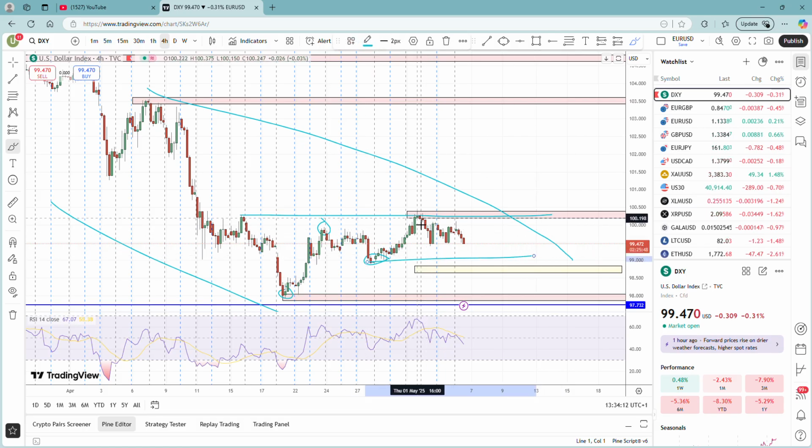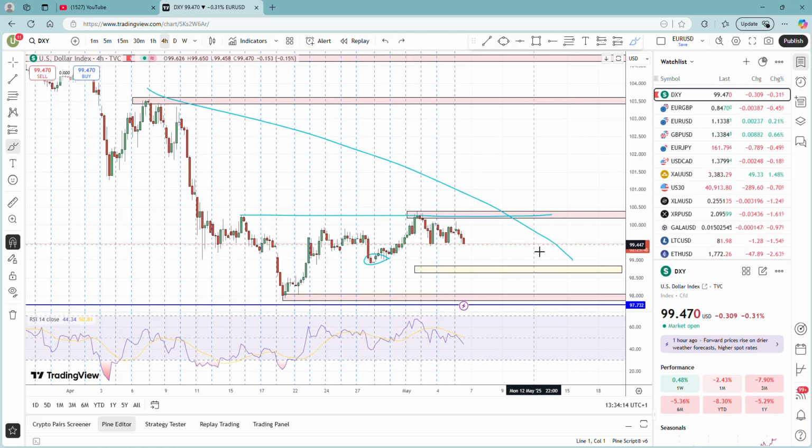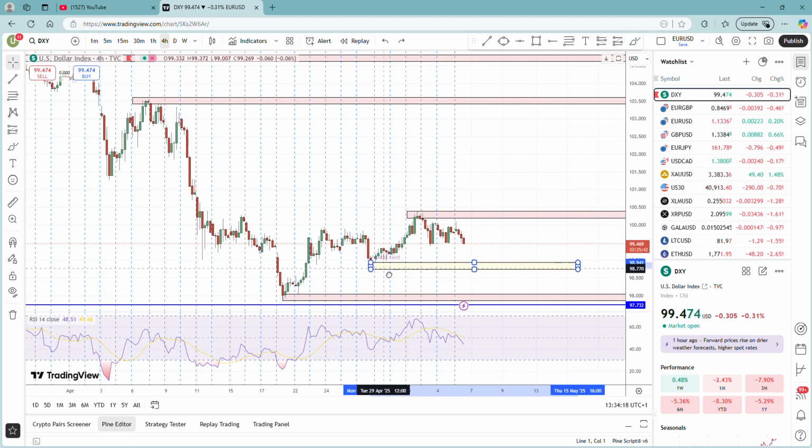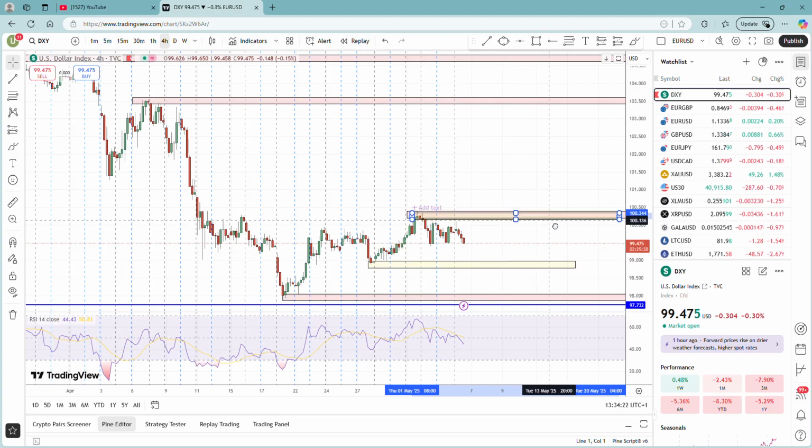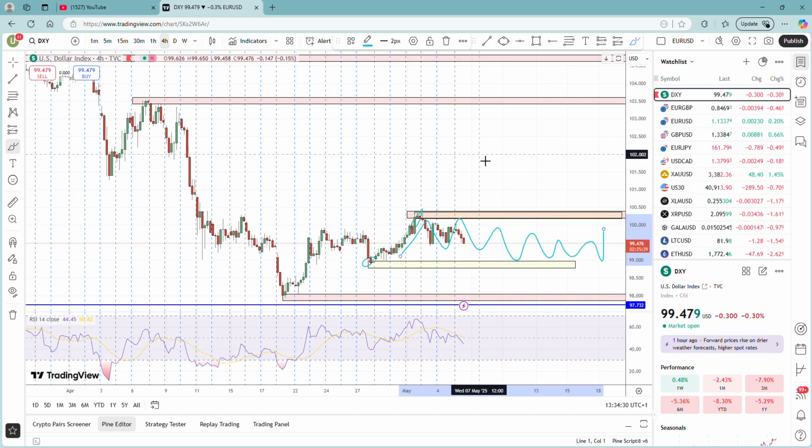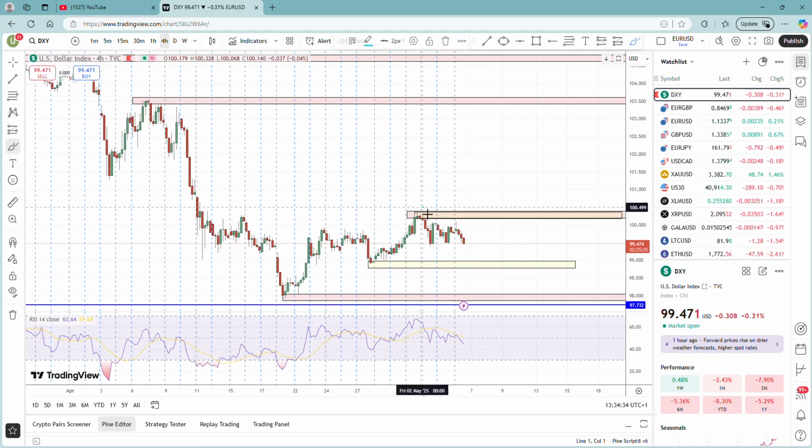So I would mark this level here and this level here. So here is your support on the H4, here is your resistance on the H4. Price will move between these levels here. Right now, price has rejected the resistance. It looks to be going down to this level here.